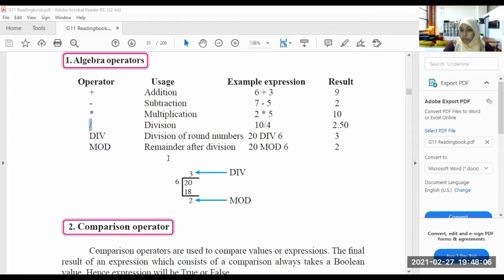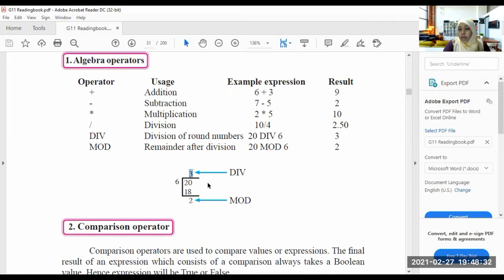Div and mod mean, if we say 20 div 6, it means the answer of dividing 20 by 6. So what is the answer if you divide 20 by 6? It is 3. So this is the div, the upper part.